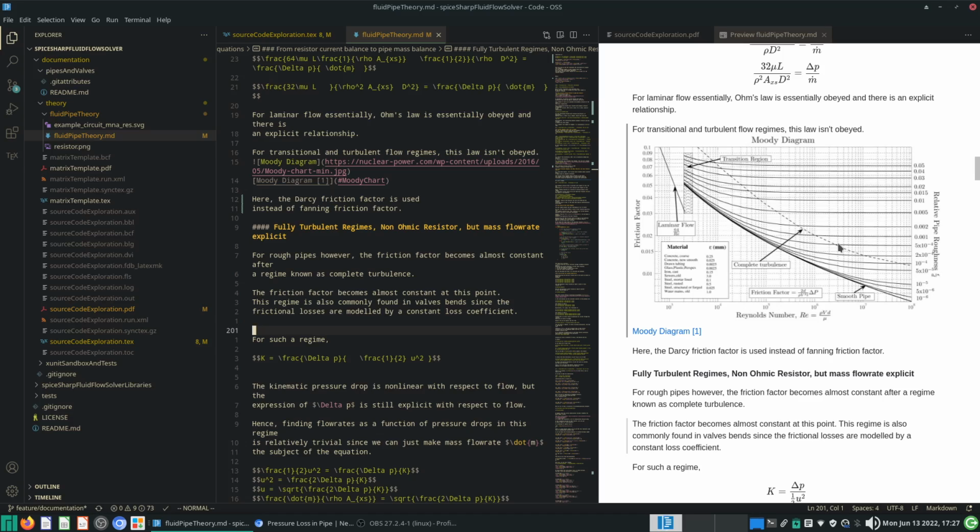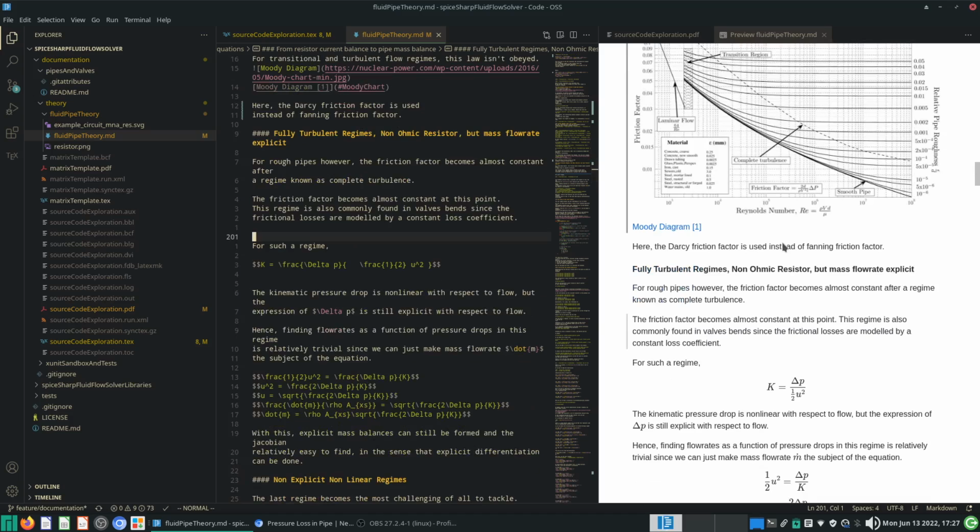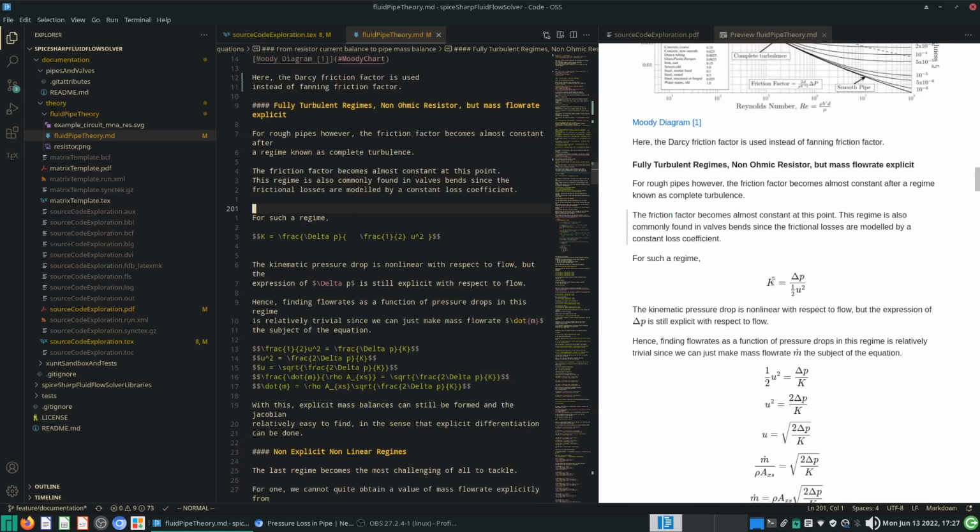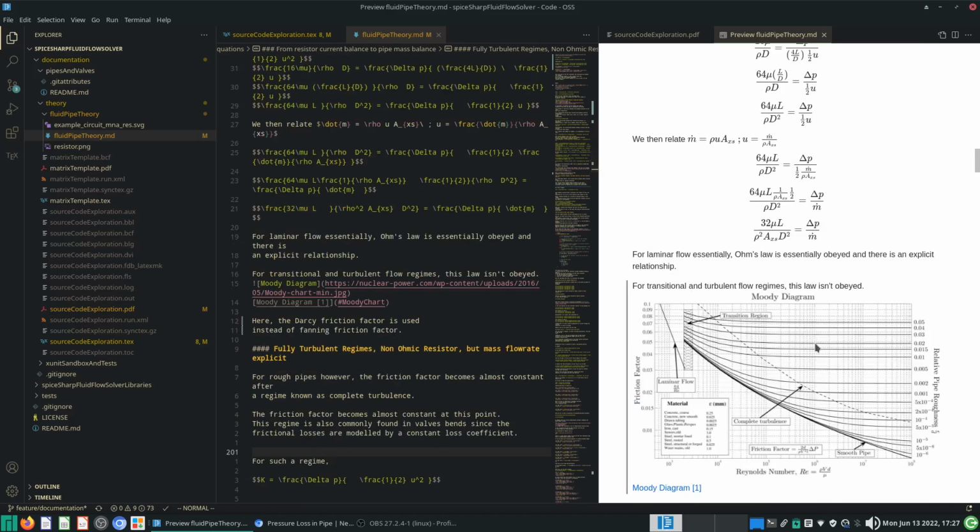Now this is very similar to the case not just for the friction factor after a certain Reynolds number. For valves, for bends, all these tend to use the K formula rather than some complicated friction factor formula. For such a regime, you have your pressure drop over half U squared. Of course, I absorb the rho into the pressure drop on top, so it's a kinematic pressure drop.